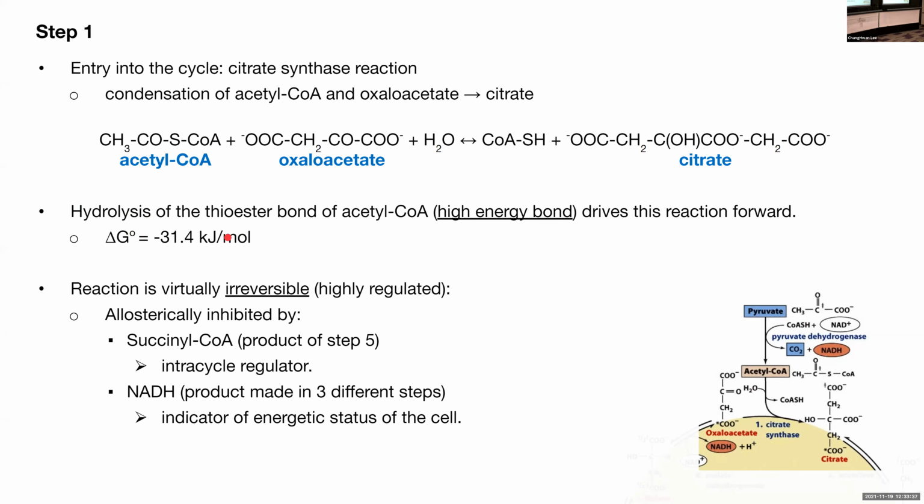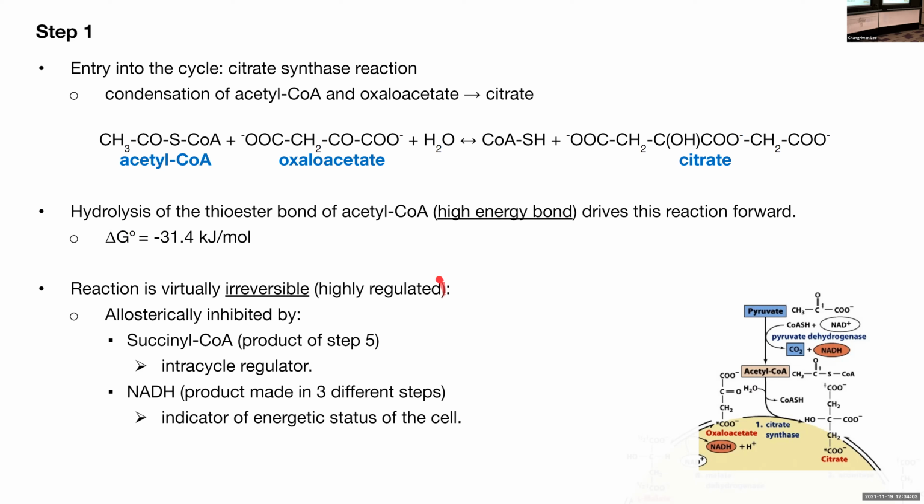So it's highly negative, a highly spontaneous reaction. This reaction is virtually irreversible, meaning that it's energetically favorable, but because it works so well, you have to have some kind of regulation pathway in case it has to be stopped.